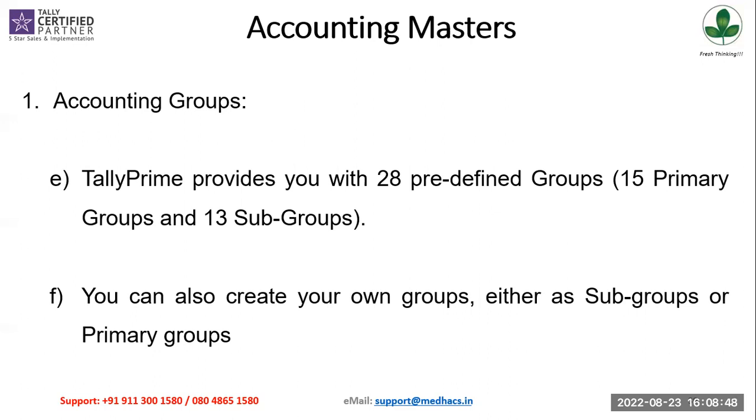For example, you could say fixed assets. Under fixed assets there is plant and machinery. Under plant and machinery there is a subgroup called plant. Under plant you have factory machines, shop floor machines as one more subgroup. Under shop floor machines, you could have area A, area B, area C as subgroups.